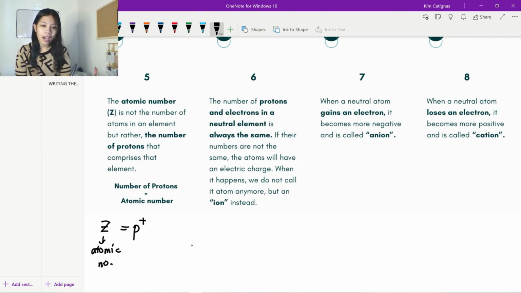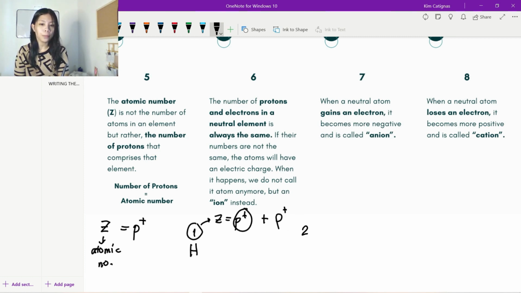For example, ang atomic number po ng hydrogen ay 1. Kapag ang atomic number is 1, or syempre, since Z is also equal to the number of protons, pag nagbago yung number ng protons, for example, nadagdagan pa siya ng isang proton, okay, another proton, pag dalawa na yung protons niya, ibig sabihin, hindi na siya hydrogen. Ano na siya? Siya po ay helium na.